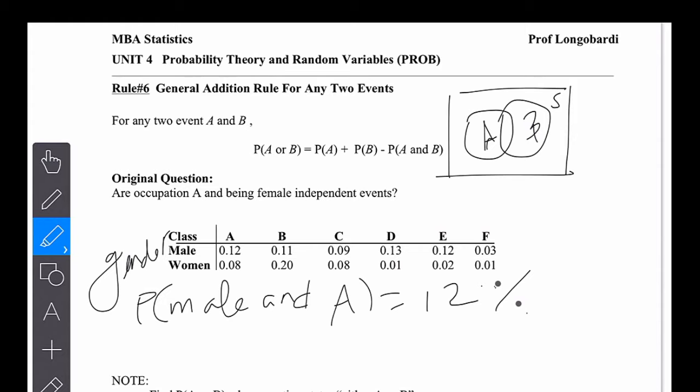And the question is, are A and being female independent events? So what does that mean? Should they be independent? Well, what if they're not? It means that if I'm observing someone walk into the classroom, and it happens to be a female.